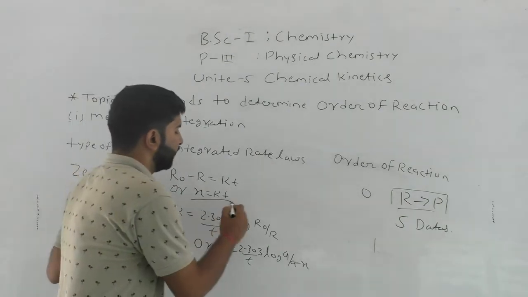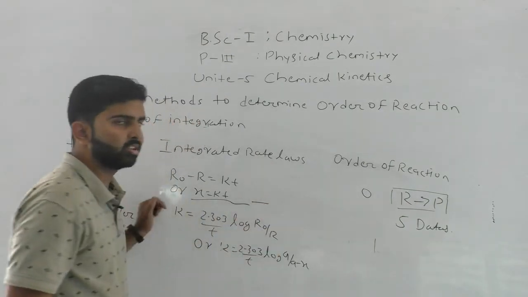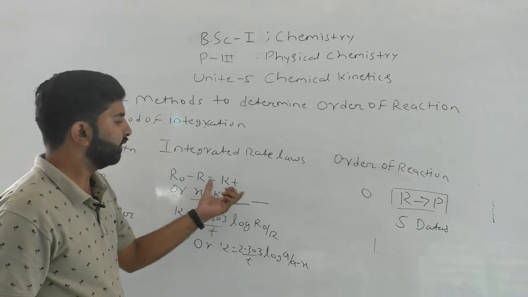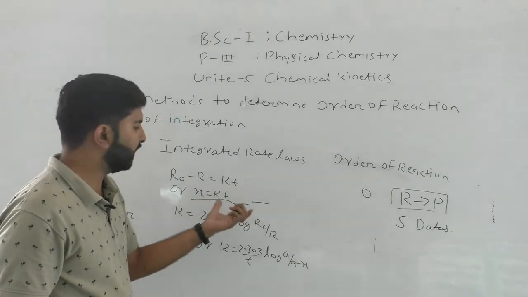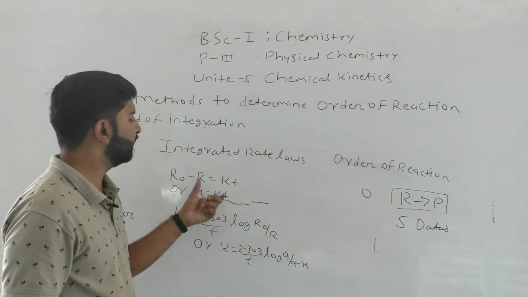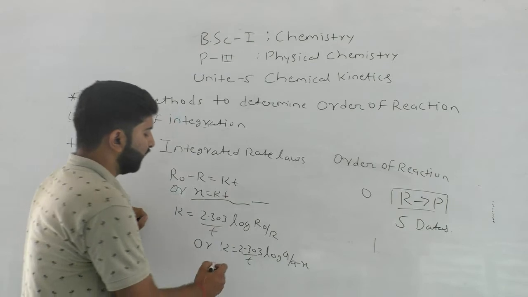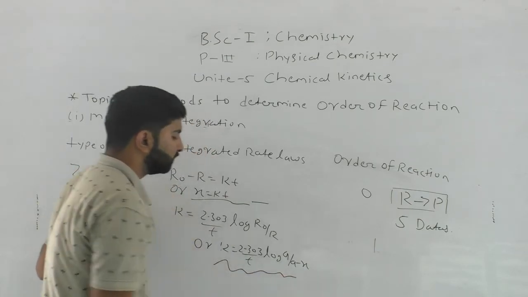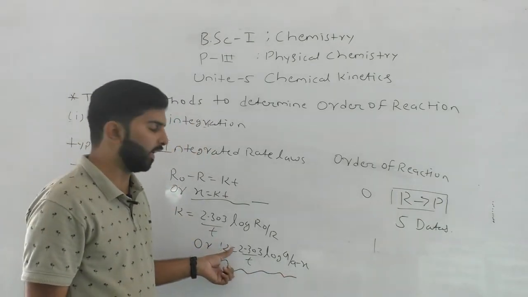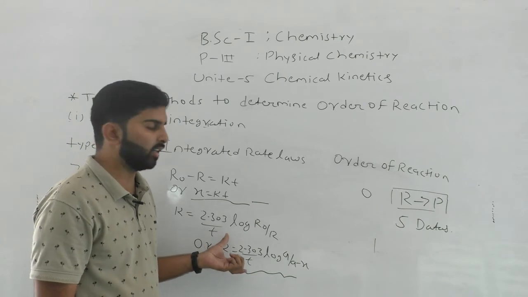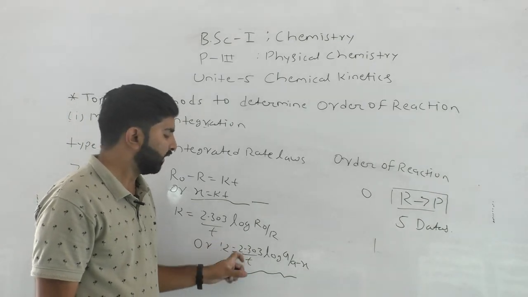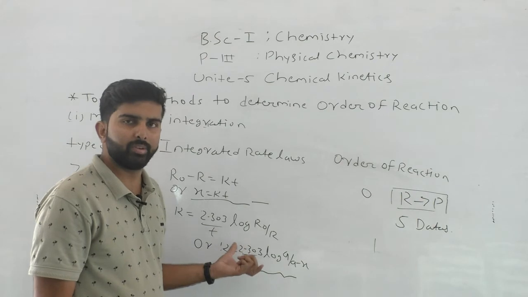Means if this rate law gives a constant value of k for each time of the experimental datas, then we say that this reaction is zero order. If this rate law gives constant values of k for each experiment, then the reaction order is first order.